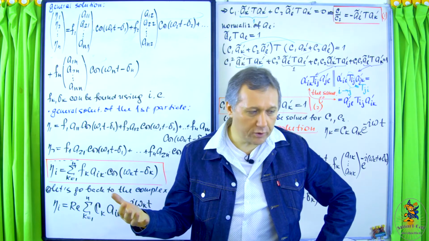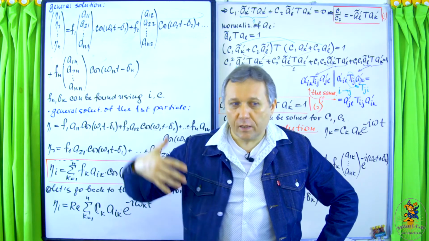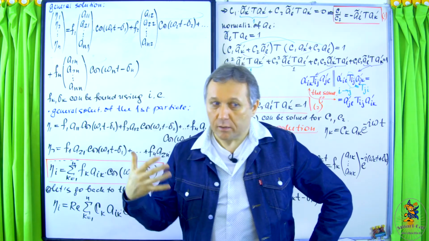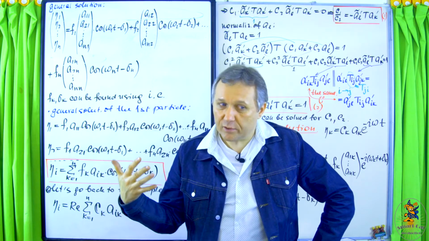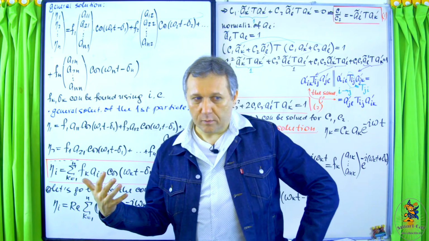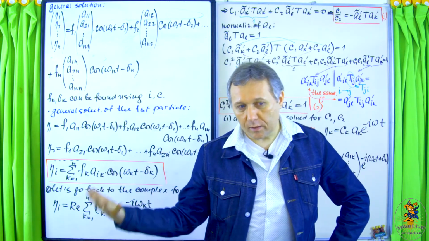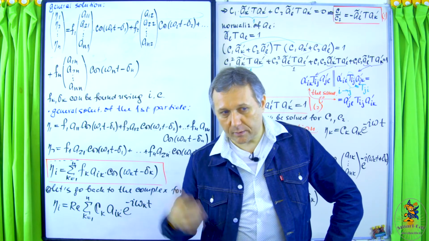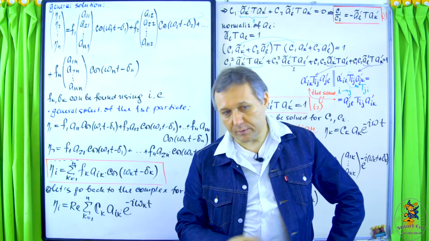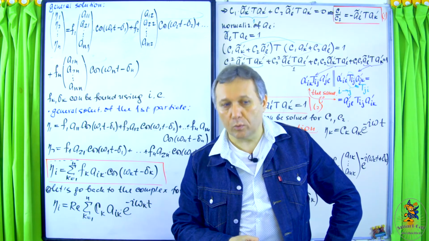So now, of course, the logical question, okay, great. We proved that these coordinates exist. Now, of course, the logical question: let's try to find them. Which coordinates are those where the kinetic energy matrix is the unit matrix and the potential energy matrix is a diagonal matrix with eigenvalues along the diagonal? So now the question about coordinates.